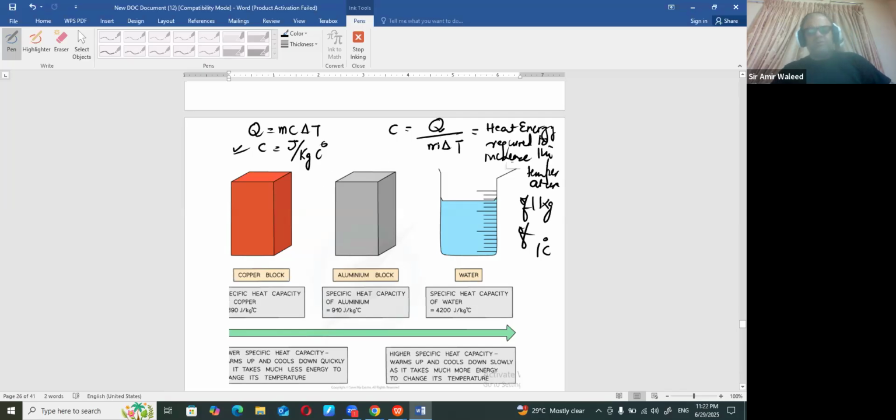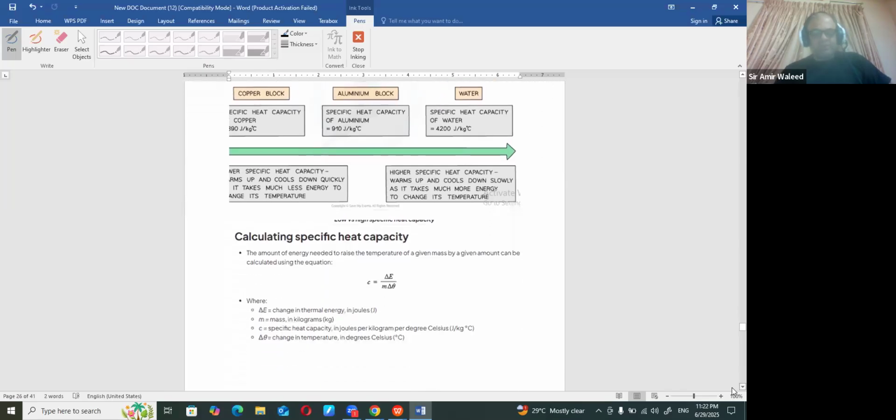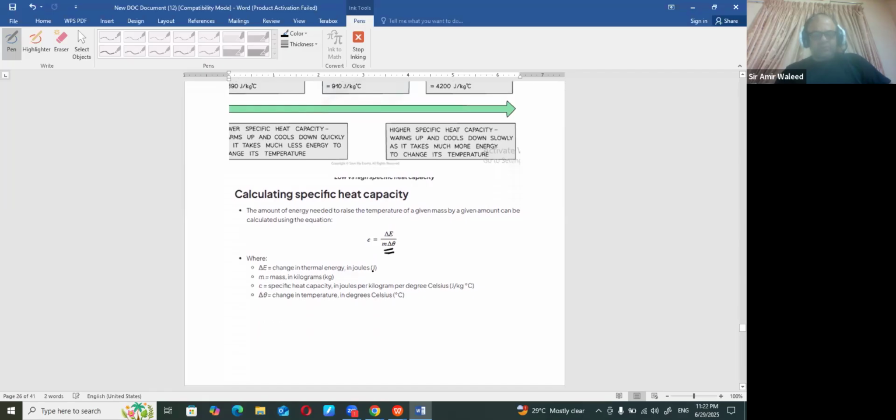It is the amount of heat energy required to raise the temperature, just 1 degree, for 1 kg of mass. That is basically specific heat, right? So specific heat moves from left to right. You can think about what the specific heat will be in the case of solids, liquids, and gases. It depends, right?